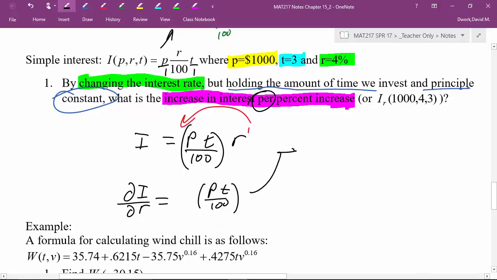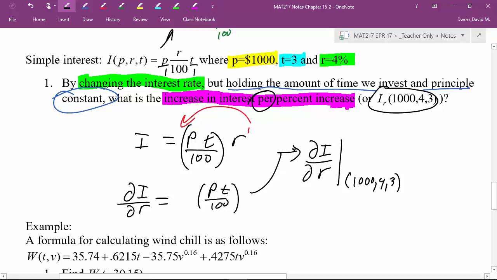Now, next I wanted to show you a little bit of notation. We are going to say, what was the value for this person? We know what P is, right? We know what their principal is. It was 1,000. We know what t was. t was 3 years. So what we're going to do is substitute those numbers in. And how we do that is, if you're using the other notation, it would just look like that. Or what we can do is use that same kind of notation here where we're going to write 1,000, 4, 3.